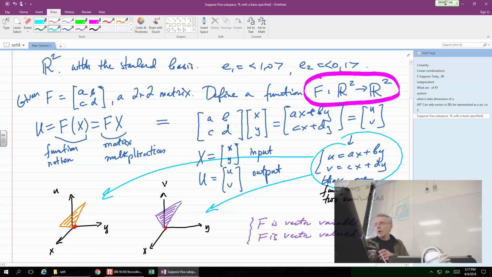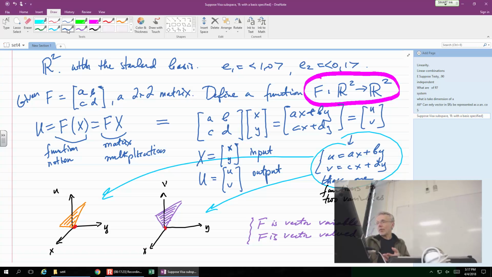So we have demonstrated already. We have not demonstrated yet, but this was just an example of how a given matrix gives you a function.